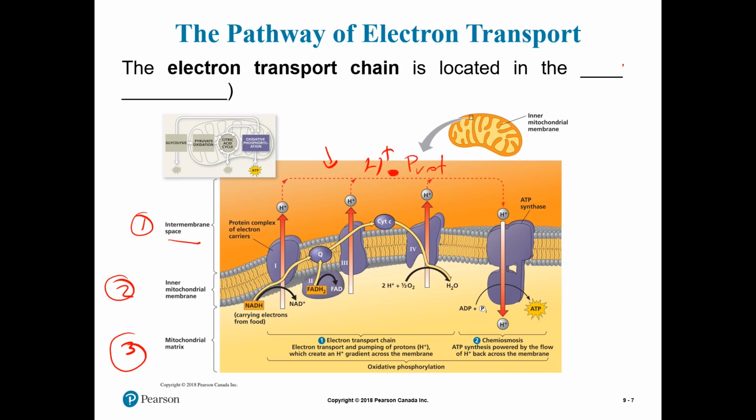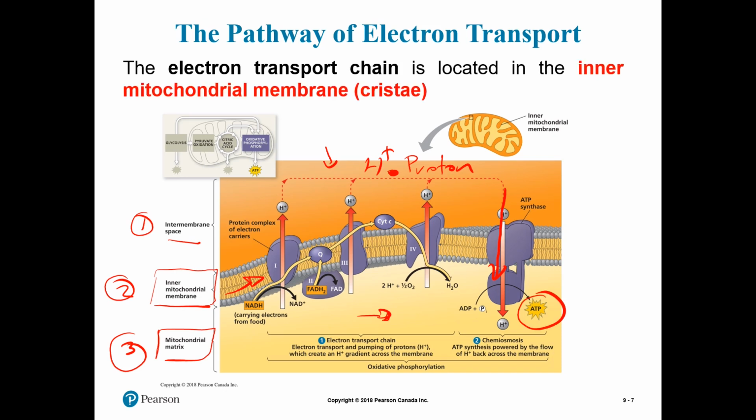On the other hand, the inner mitochondrial membrane is the place where all the transport chain, all these protein complexes, will be located. And finally, the mitochondrial matrix is the place where the protons will be moved to produce the ATP. So remember, the electron transport chain is located in the inner mitochondrial membrane.